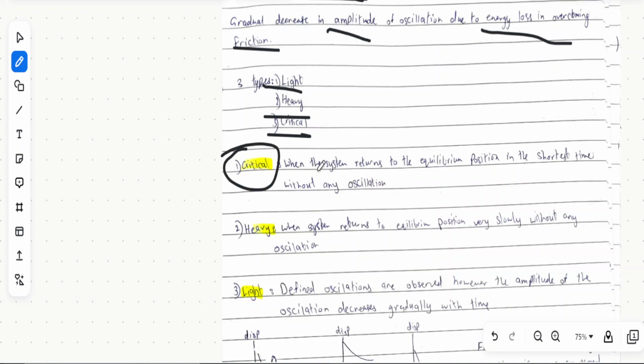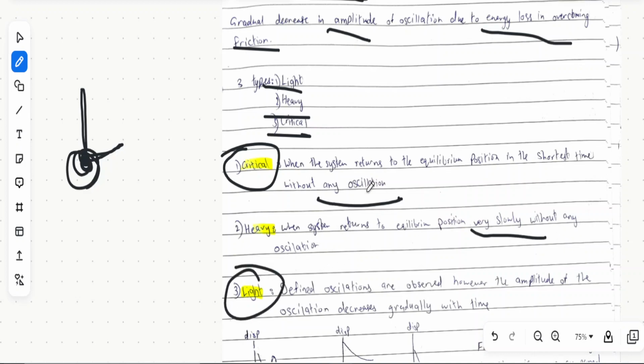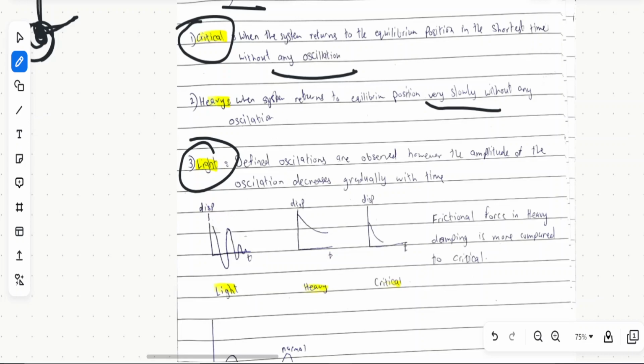Critical is when the system returns to equilibrium position in the shortest time possible without any oscillation. For example, in critical damping, when I have this ball attached to this rope, it will go back to its equilibrium position the fastest. In heavy damping, the system returns to equilibrium position very slowly without any oscillation, and in light damping, the amplitude decreases gradually.